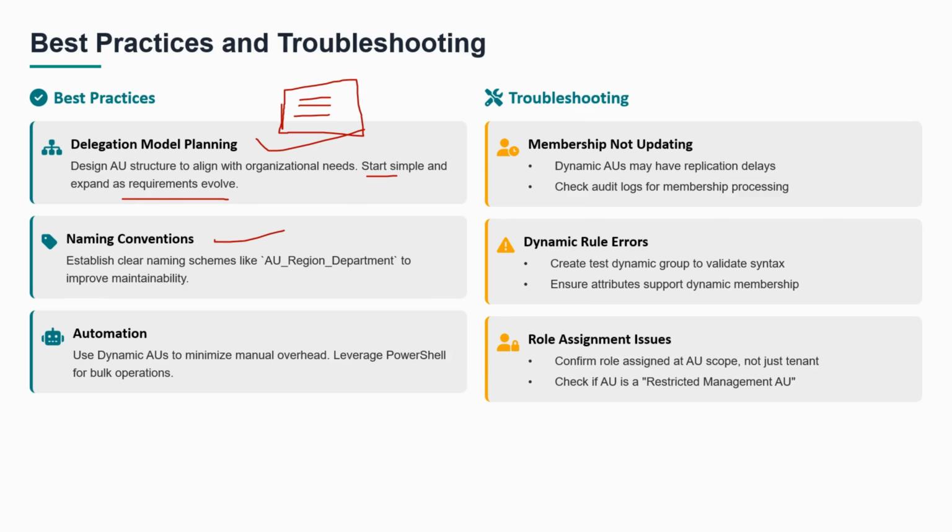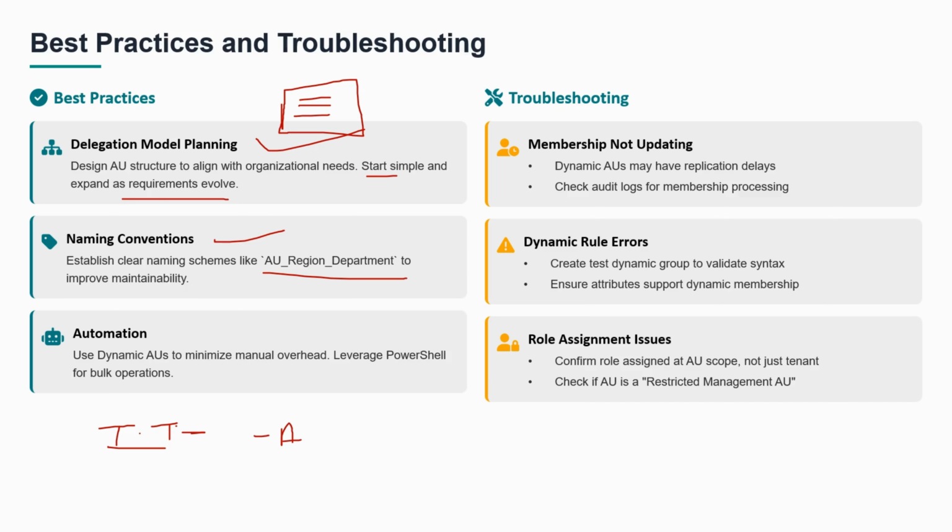Naming convention: always use a naming convention for AUs. For example, if you are creating for a department, then proceed with IT, then the purpose or the role that you are going to provide for that particular AU, then move forward with the name of that AU. If you are creating for a BU, then use Finance, underscore, the name of that particular role, and then the group name.